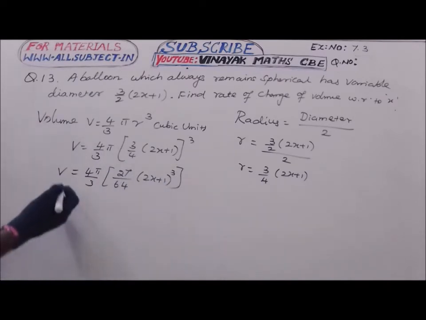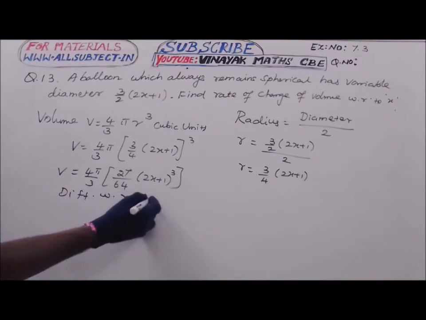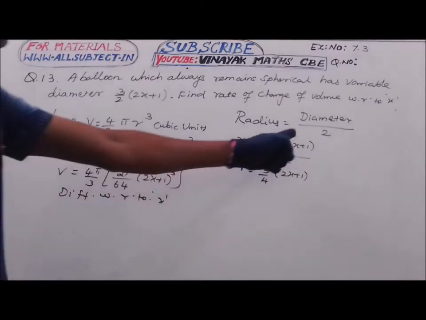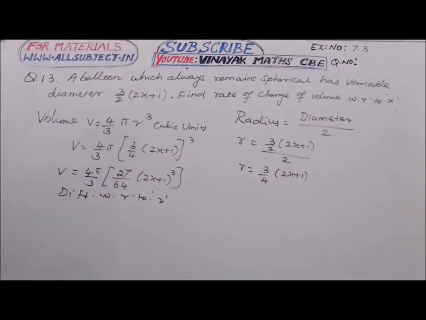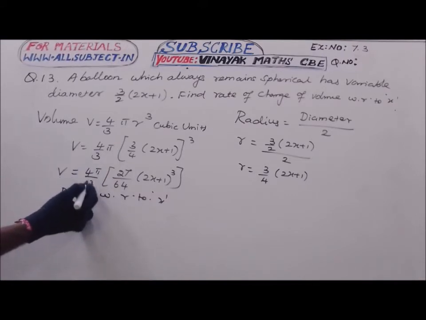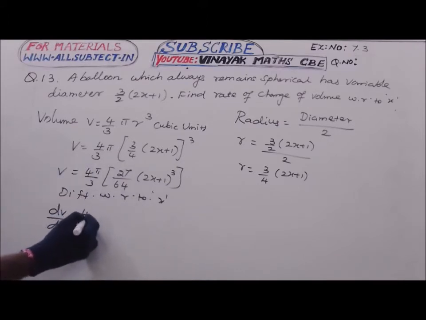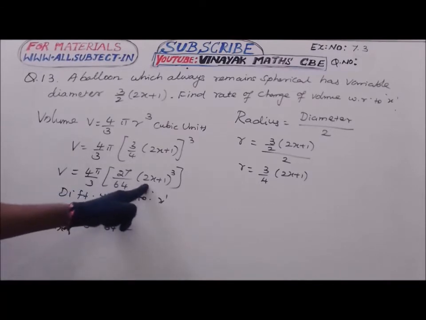Now differentiate with respect to x. Here we have the given volume with respect to x, so differentiating with respect to x we will get dV/dx equal to 4/3 pi into 27/64, all are constants. So 4 pi by 3 into 27/64 into differentiating this term.